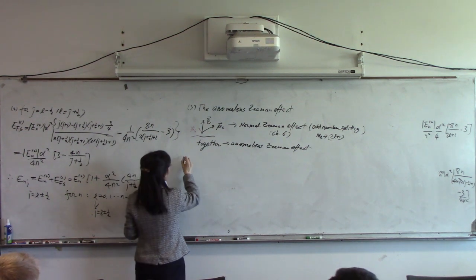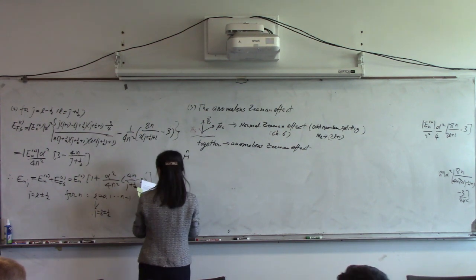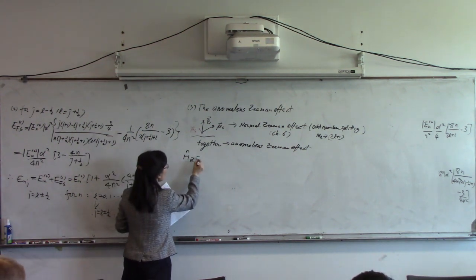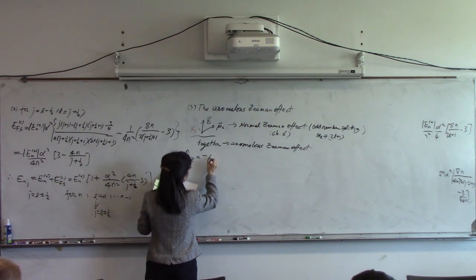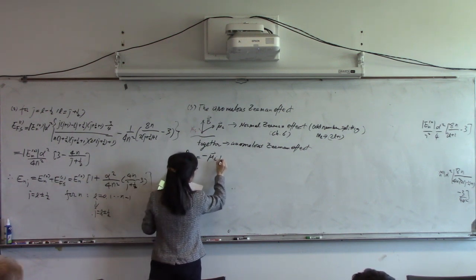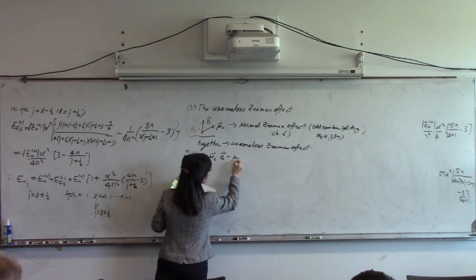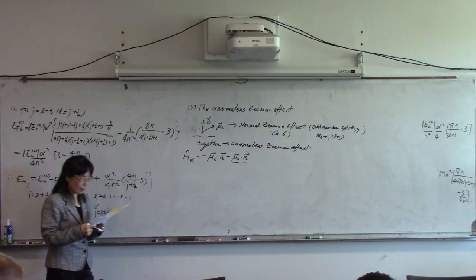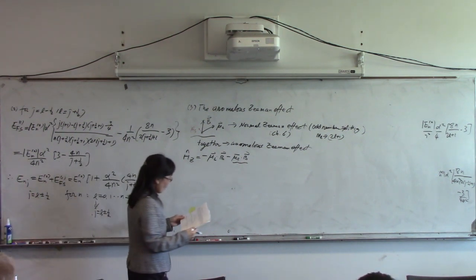Because we consider spin, for the Hamiltonian of the Zeeman effect we now have two contributions. One is from the orbital magnetic dipole moment, another is from the spin magnetic dipole moment. That is a new term. If we consider the spin contribution, then we have this.